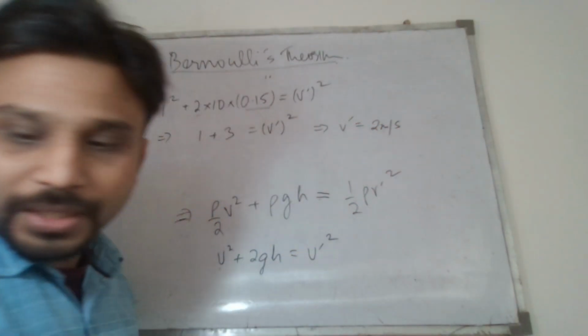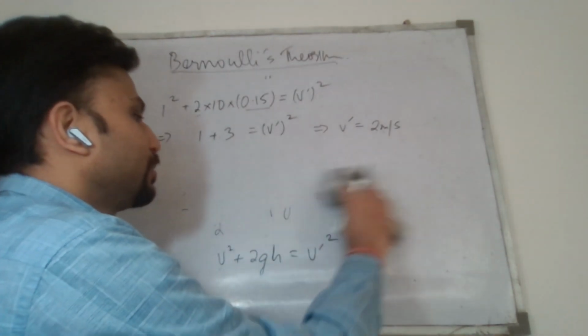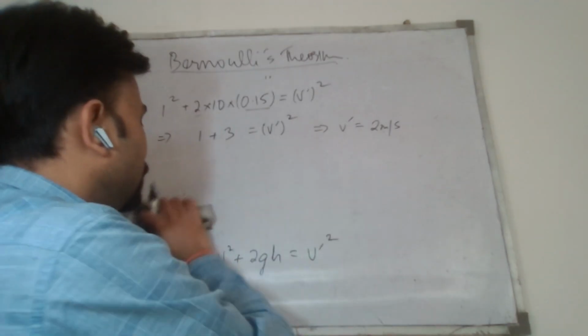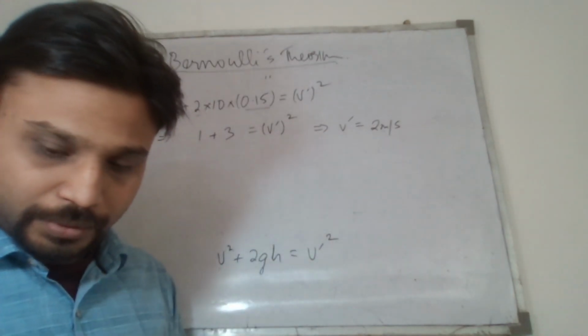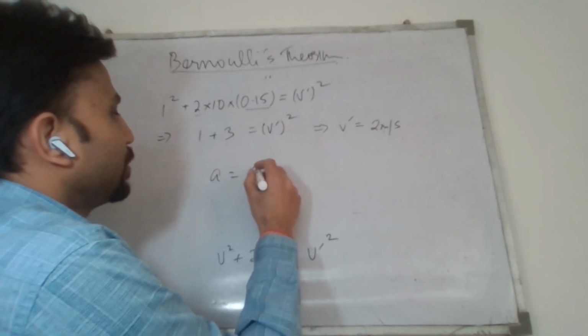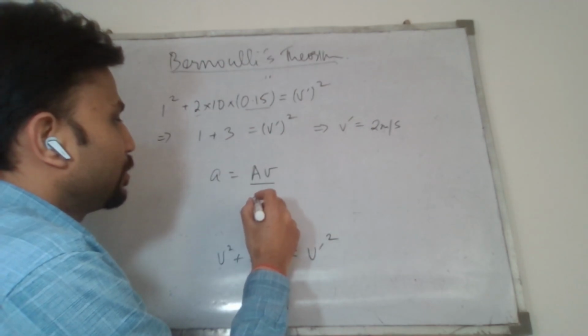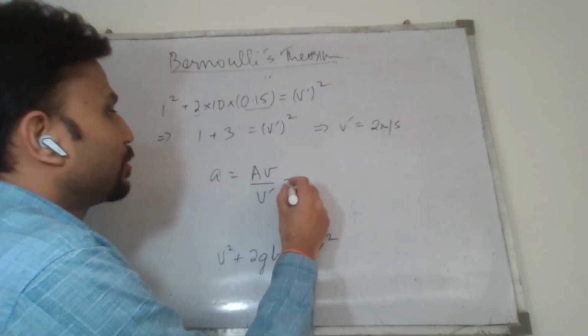As our velocity is doubling, the cross section area will go down. So the cross section area will become A into V divided by V dash.